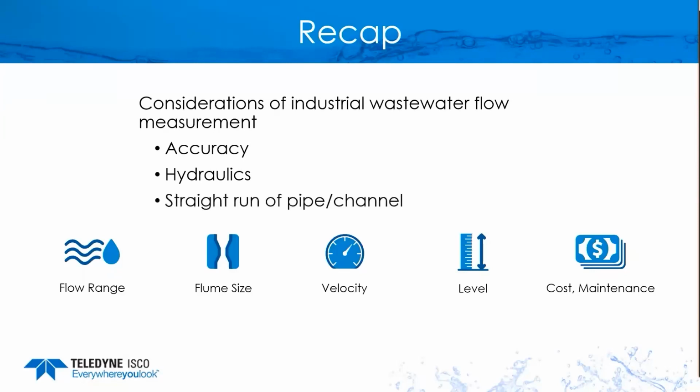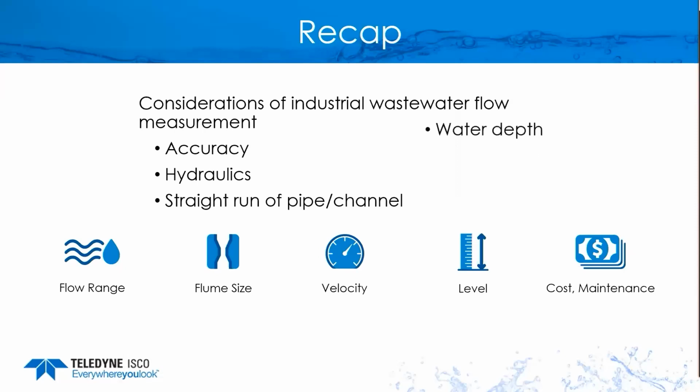Do you have straight run of pipe or channel in front of that sensor? Sometimes you may have to move the location, or just verify that you do have uniform flow. That's the key, that you just need to make sure you have uniform flow to get accurate flow readings with any brand of flow meter.